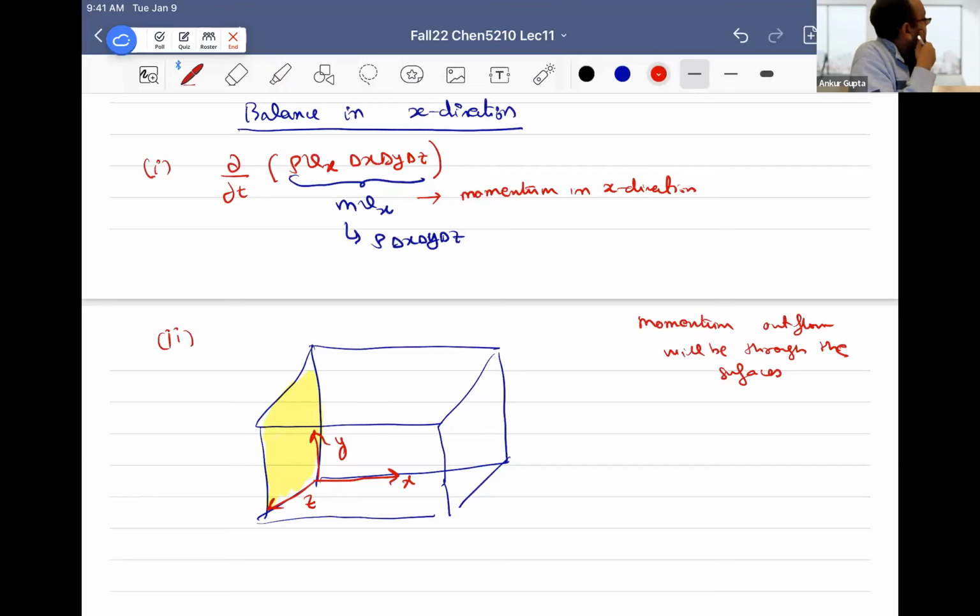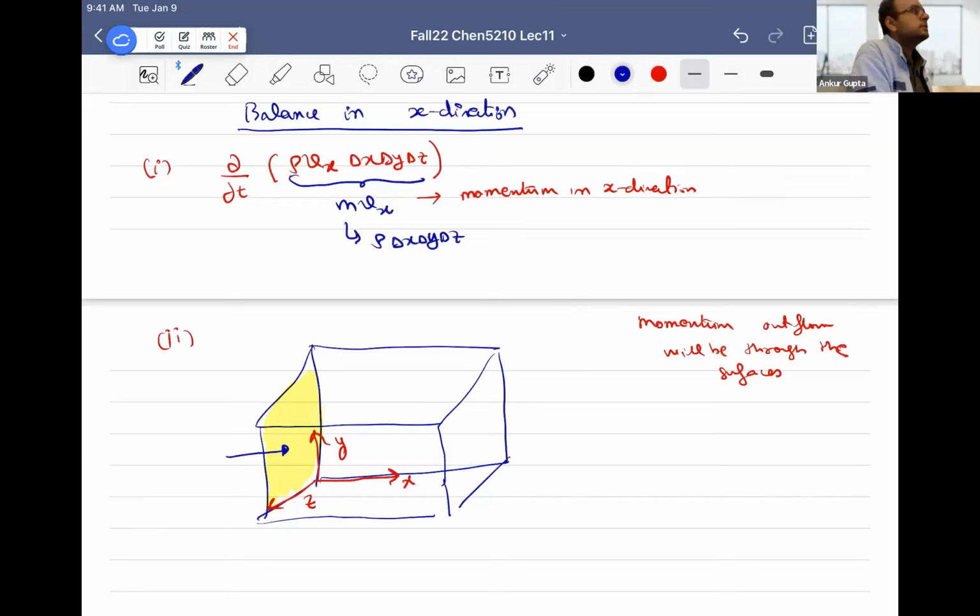It's momentum, so it's mass times velocity. So how can I get to the outflow? What do you think is one way to approach it? We want to think of momentum outflow in the x direction through the surface.